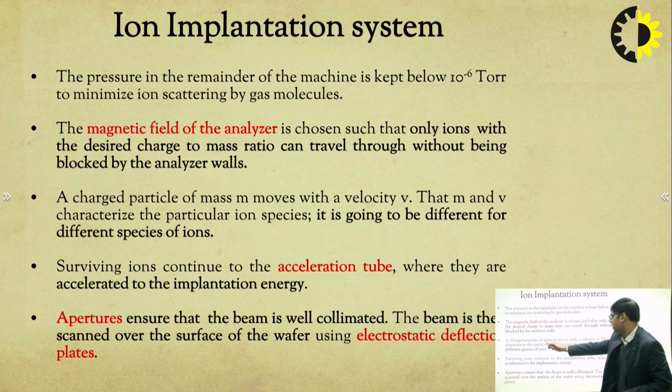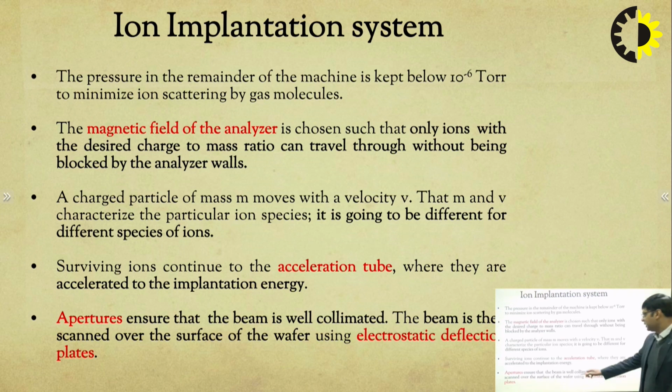A charged particle of mass m moves with velocity v, and this is the characteristic of a particular dopant. Now, the dopant ions which pass through this analyzer continue to the acceleration tube, that is our next section.